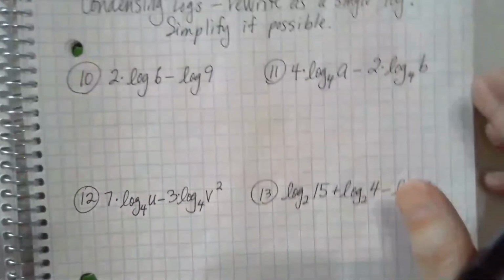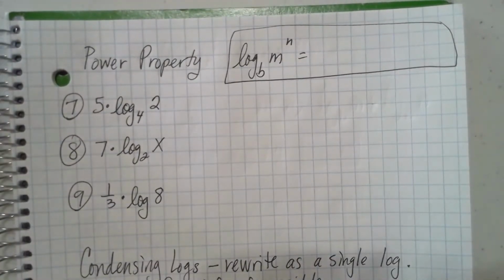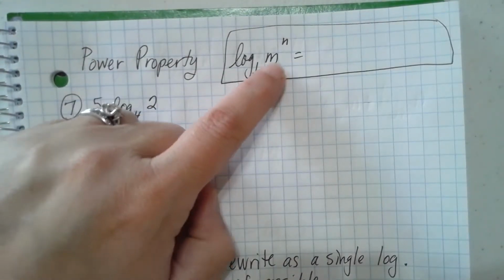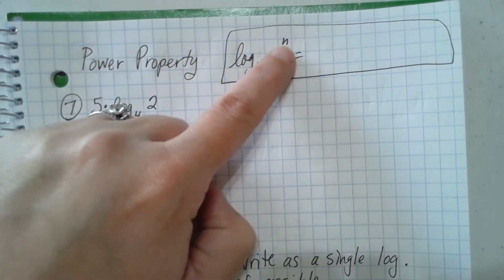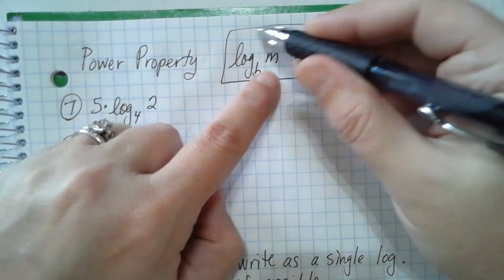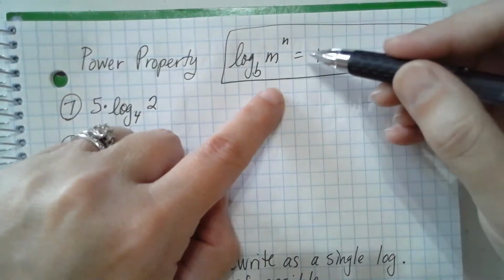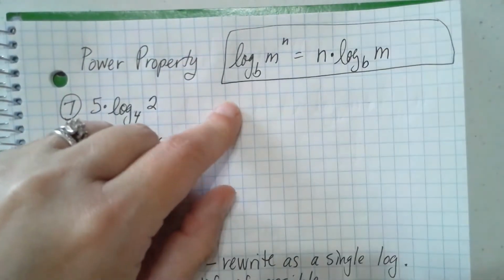Okay, and our last rule is the power property. If you see log base b of m raised to the n power, like it has this extra power, this extra exponent, we're going to bring that n out to the front. So it's going to come in the front, and we're going to multiply the whole log by that value.